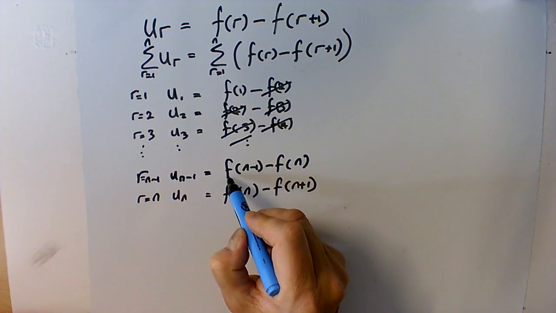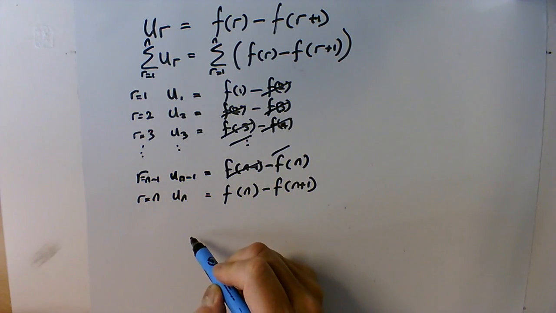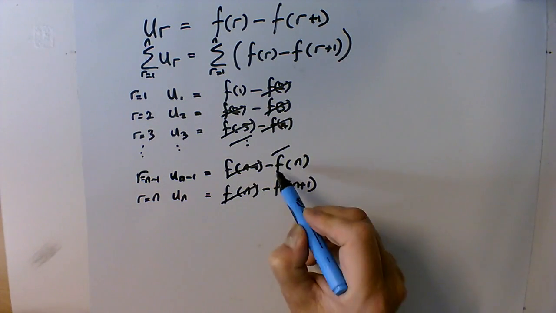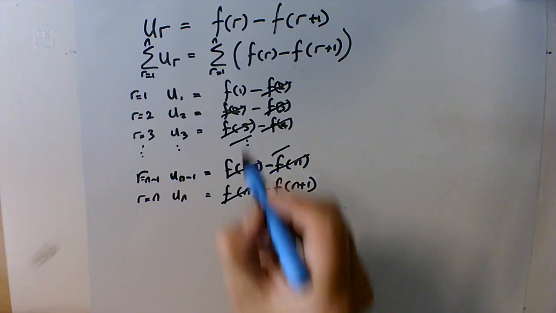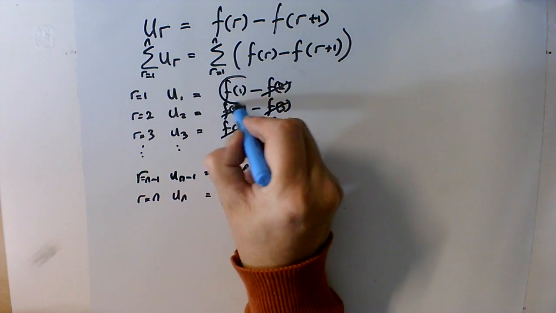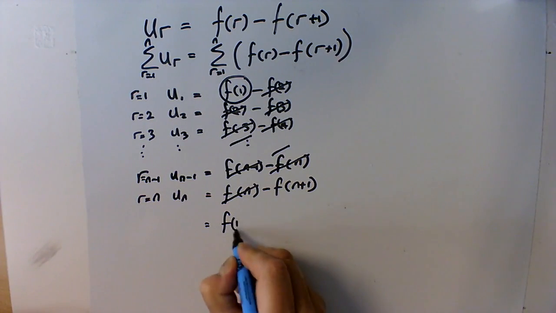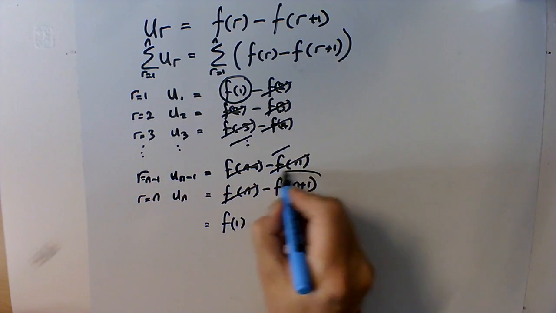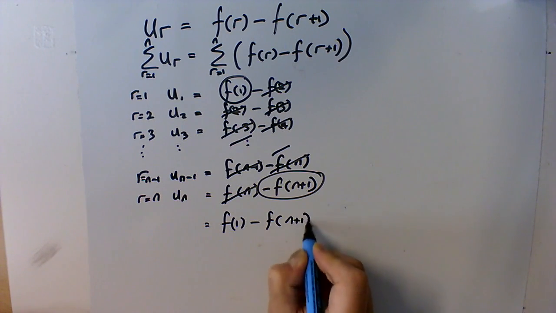We've got an f of n minus 1, and we would have had an f of n minus 1 there. We've got an f of n, and we've got a minus f of n there, which leaves us just with two parts to this entire sequence. We get f of 1, and we've got a minus f of n plus 1.